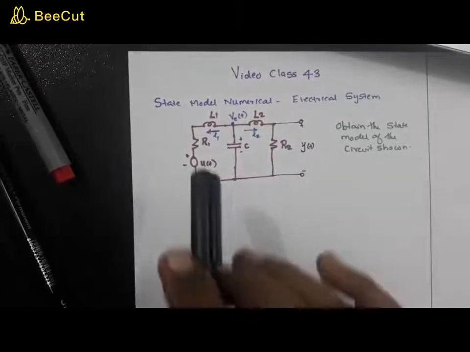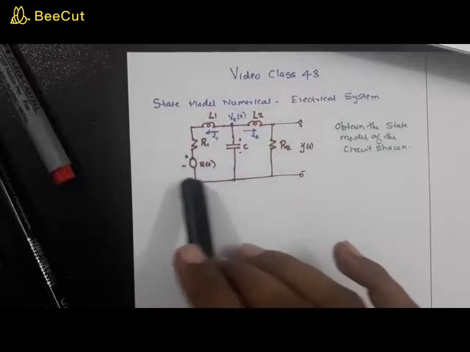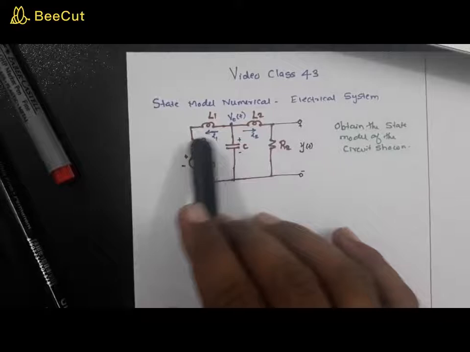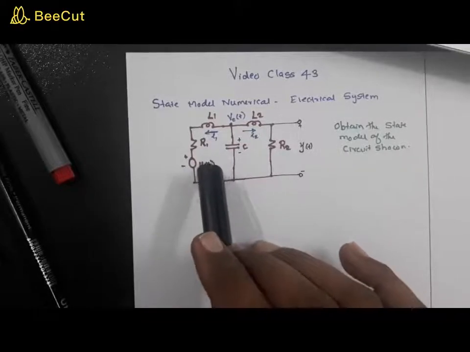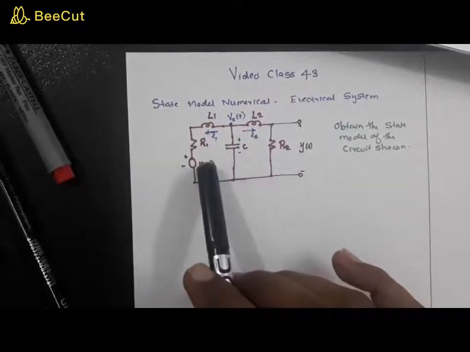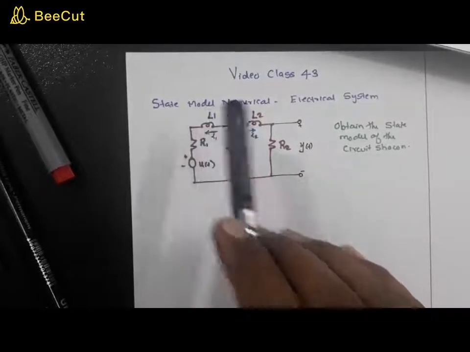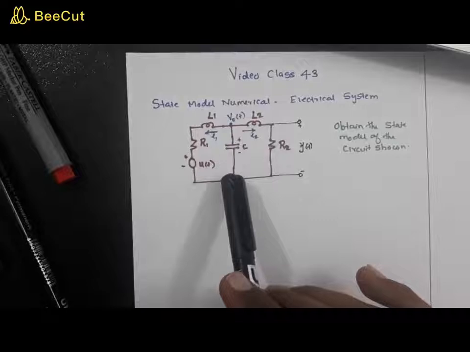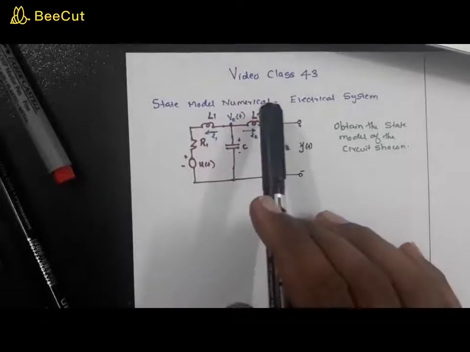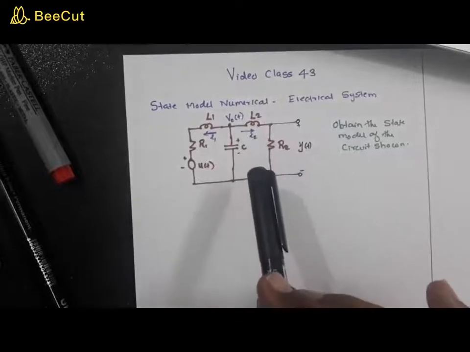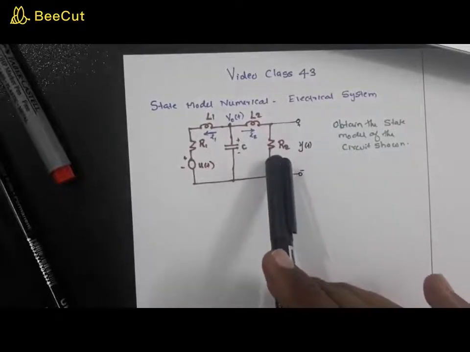So look at this, you have a circuit with input u of t. It doesn't mean that this is a step; it is generally an input, it can be any input. So u of t is connected to a resistance R1 and an inductance L1. Then you have a capacitor C and another inductor L2, and the output is taken across this R2.